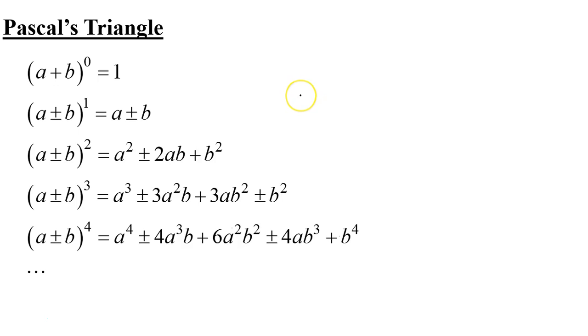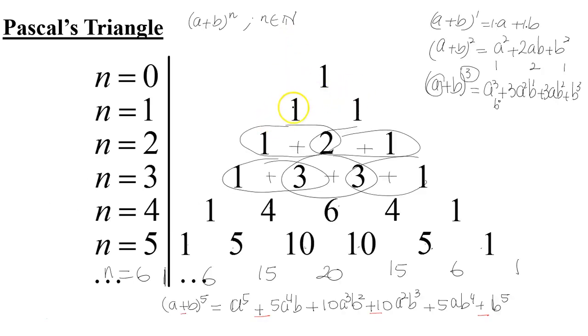This makes a little bit of sense, because if you look at Pascal's triangle, you notice that Pascal's triangle is symmetrical. And we know that the combination of p out of n is the same as the combination of n minus p out of n.